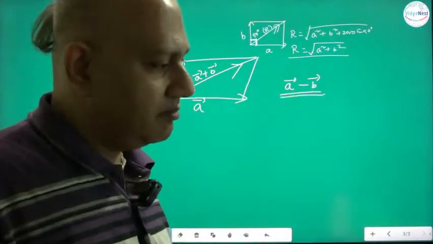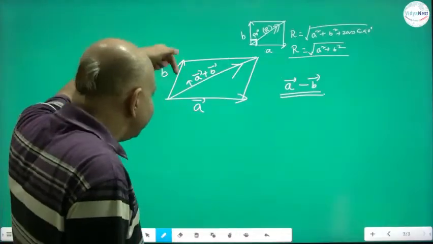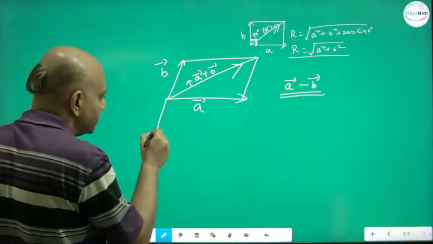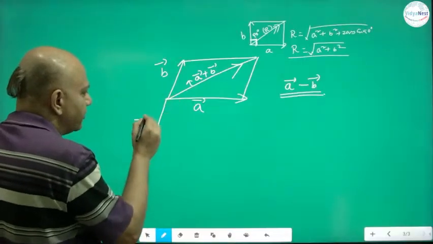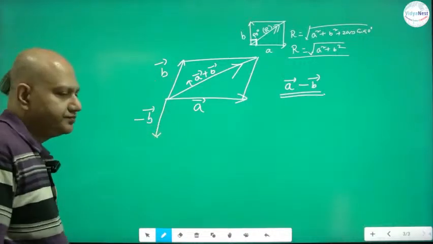Okay, fine. Now if I want vector a minus b, what to do? I have to put the b in the opposite direction, like this way. This is oppositely directed b, that's why it is minus b, na?